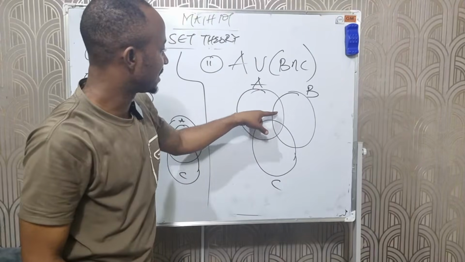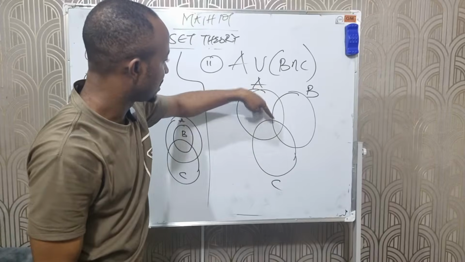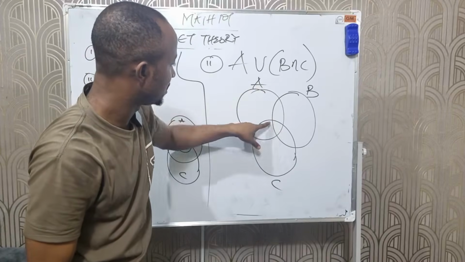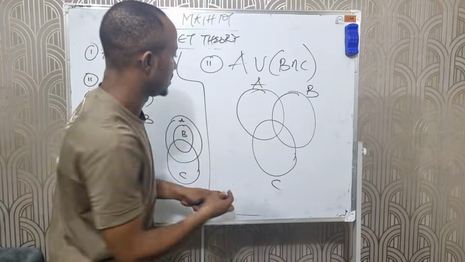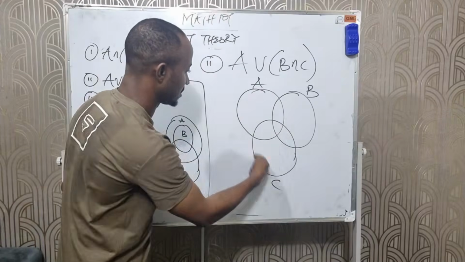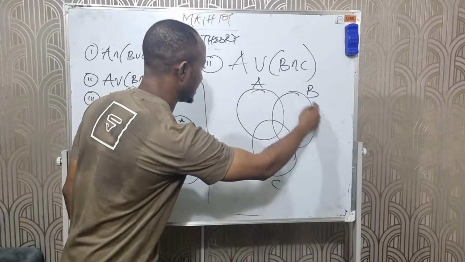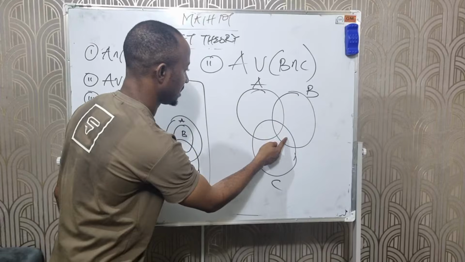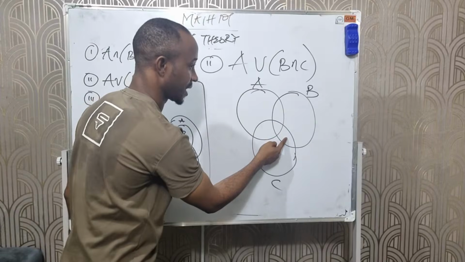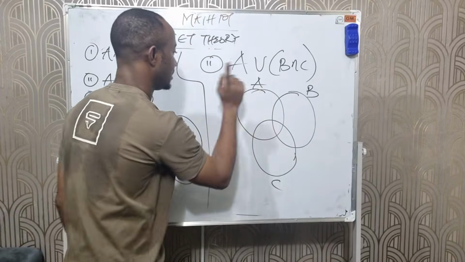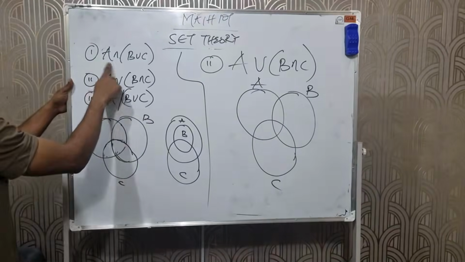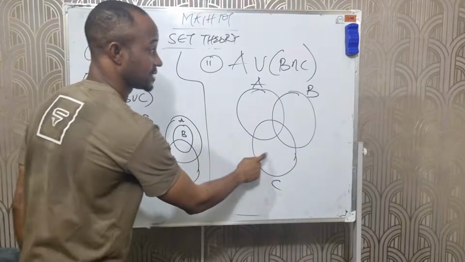This is my B intersection C. From here to here, this part and this part are intersecting here and here, right? Are you there? Am I communicating here? The way we solve for this is not the same way we solve for the first one.